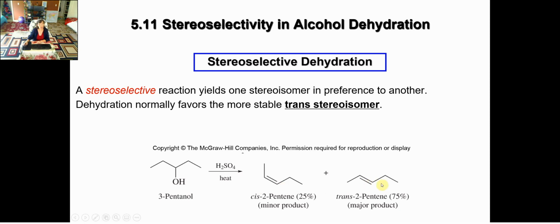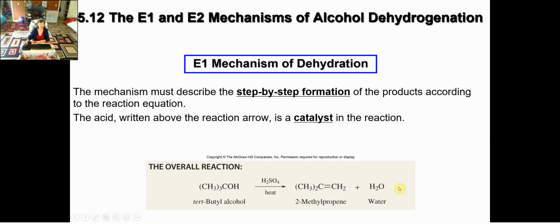You have two isomers. Which isomer will be more predominant? The trans will be your major product, which turns out to be 75%. So this is about the elimination of water from your alcohol through the dehydration reaction.